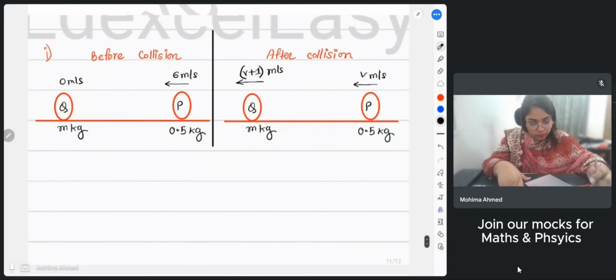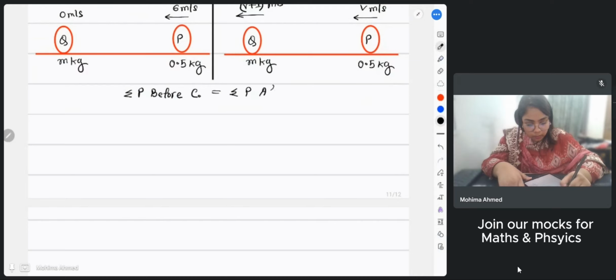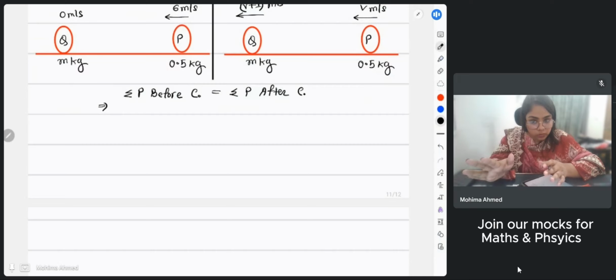Okay, so I'm going to write total momentum before collision, total momentum after collision. Total momentum before collision was what? For particle Q, it's entirely going to be 0, right? And for particle P, that's going to be 6 multiplied with 0.5 plus 0.